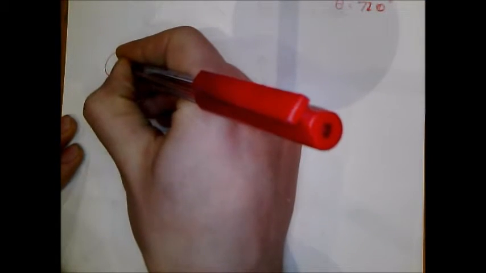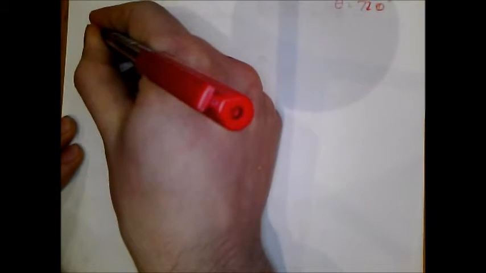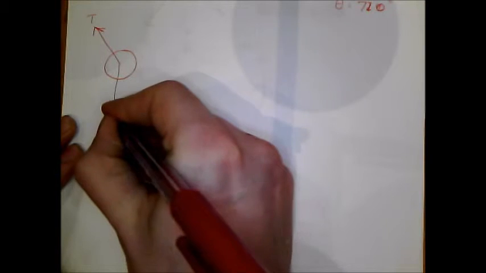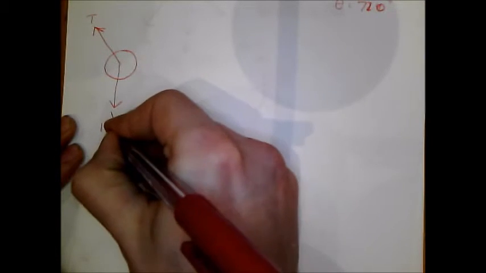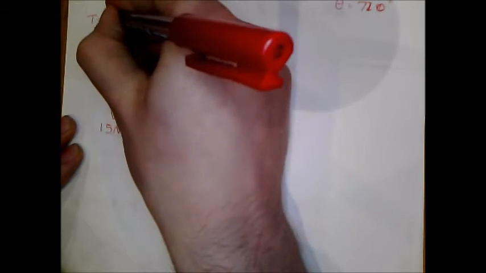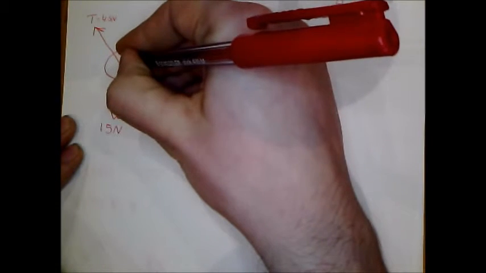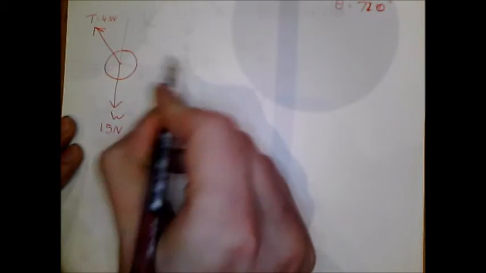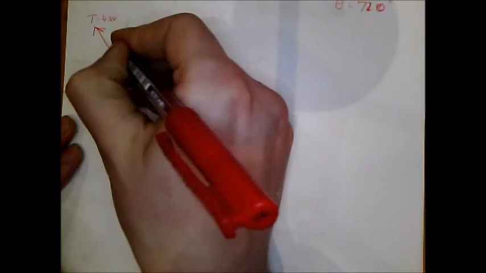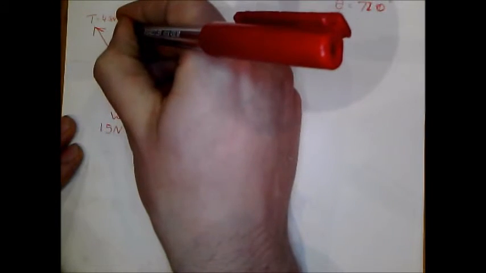There's a force going in this direction, and that is our tension in the string. And then there's a weight going down, and these values are 15 newtons, and what we previously calculated, 4.5 newtons. I'm just going to add a little helping guide along here. Now I know that this angle here is our original beta value, which was 53.13.